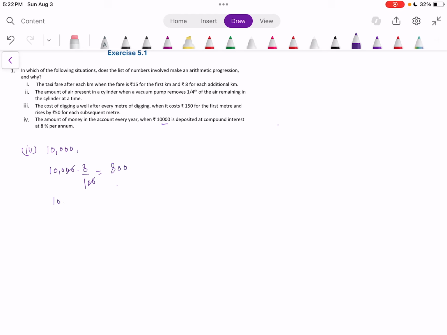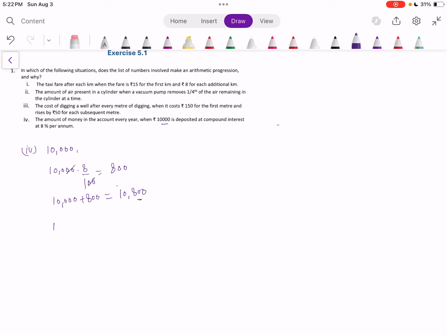That means the money will become 10,000 plus 800 in my account, which is going to be 10,800. Then the next year I'm going to get 8% of this amount.